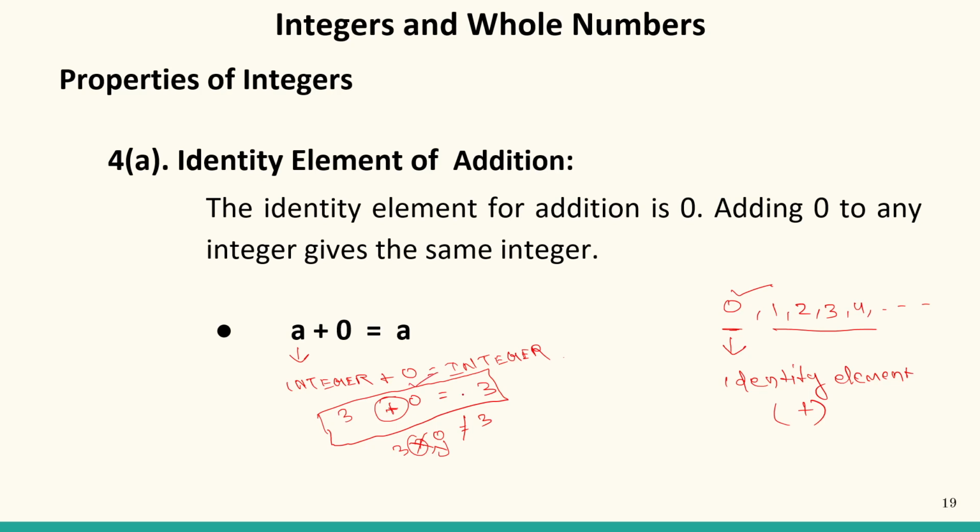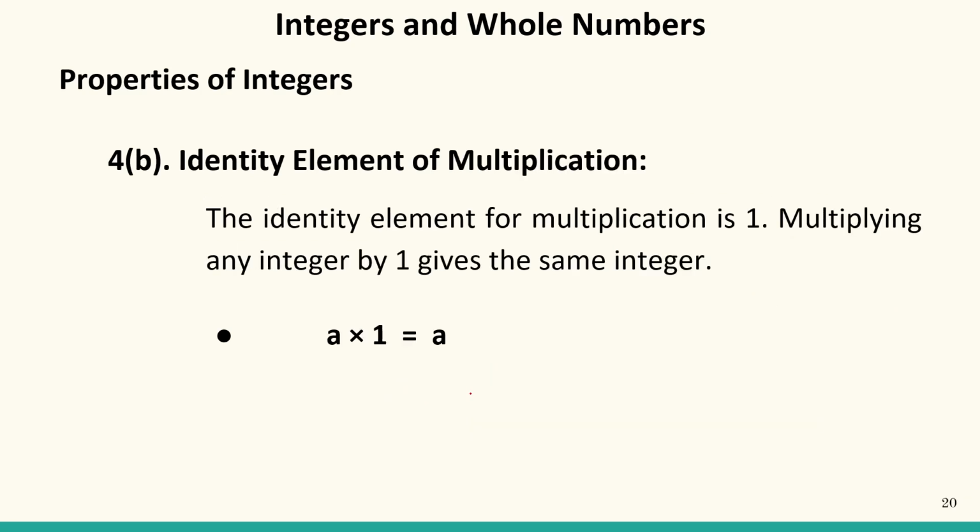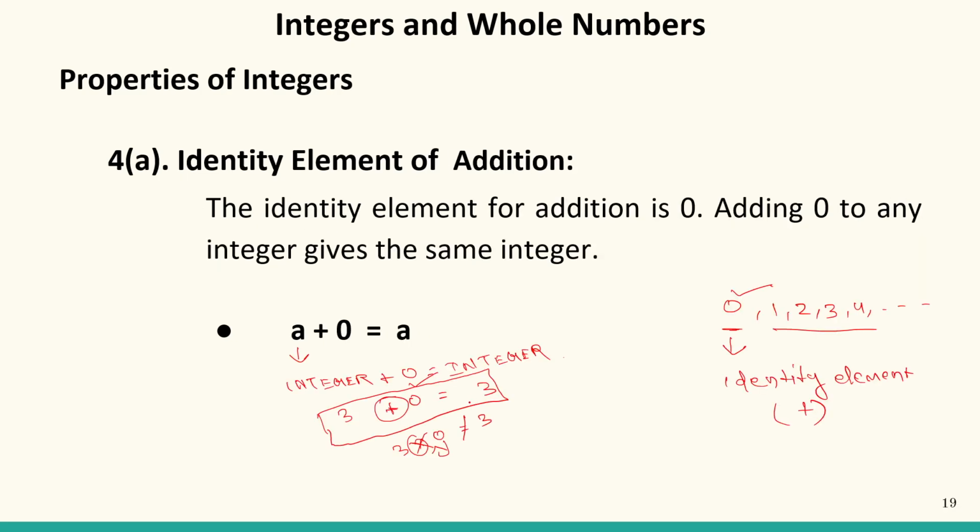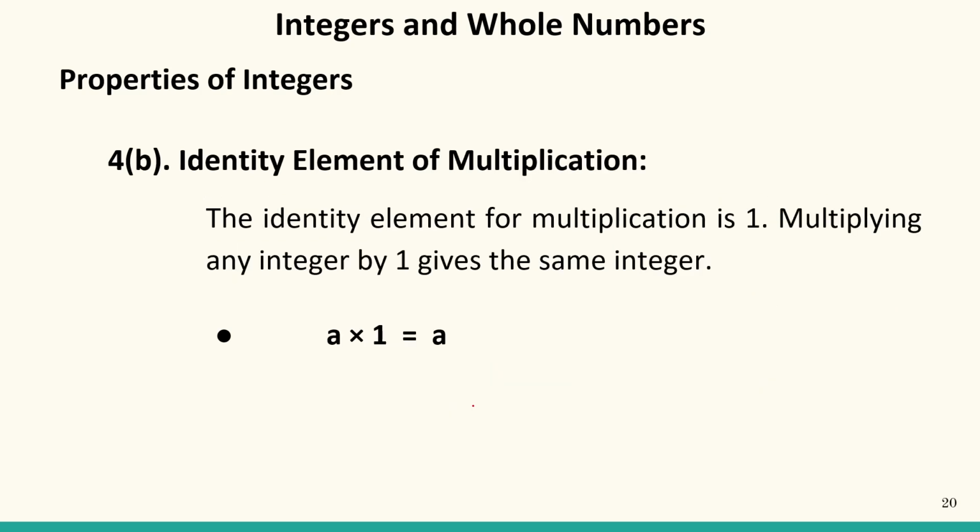So let's see the identity element of multiplication. We saw that 0 was the identity element of addition. Now we'll explore the identity element for multiplication. This shouldn't be surprising. The identity element for multiplication is 1. Multiplying an integer by 1 gives the same integer.